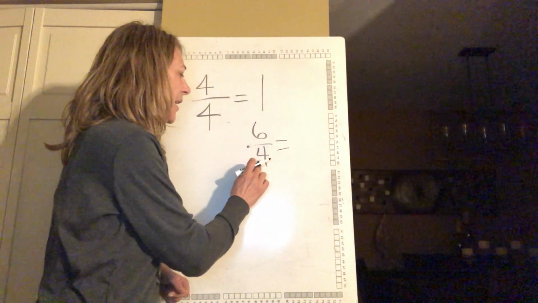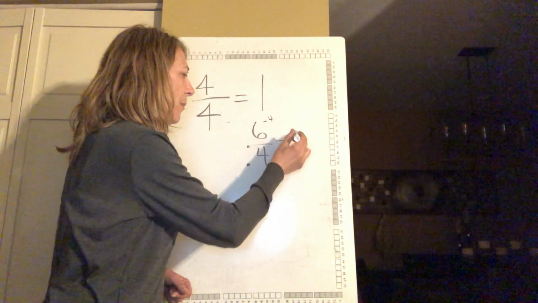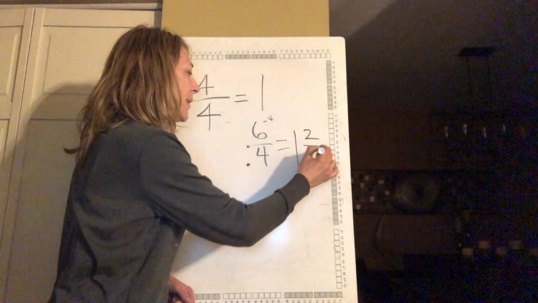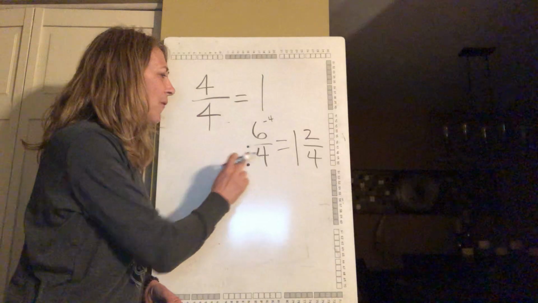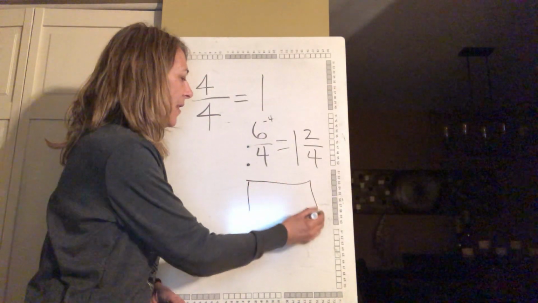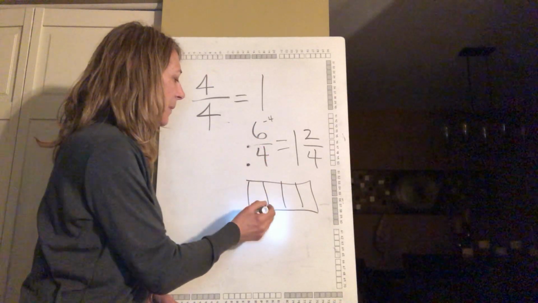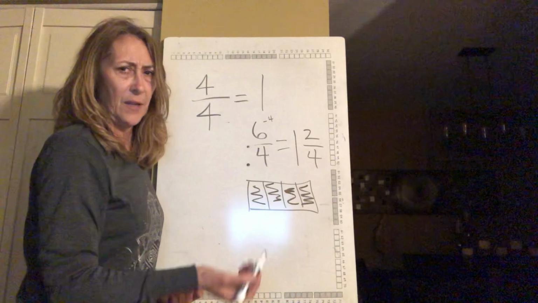So I can take those 4 away, 6 minus 4. That will make 1 whole, and then I have 2 left. And what size are they? Fourths. So 6/4, because if I look at it as a picture, I need 6 pieces, 1, 2, 3, 4. Filled up that whole.